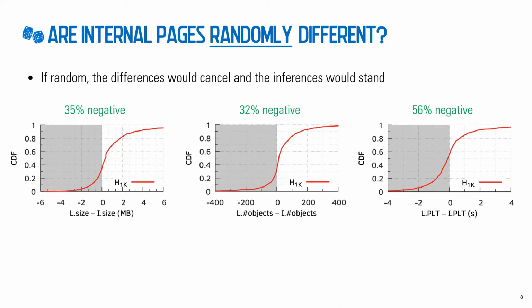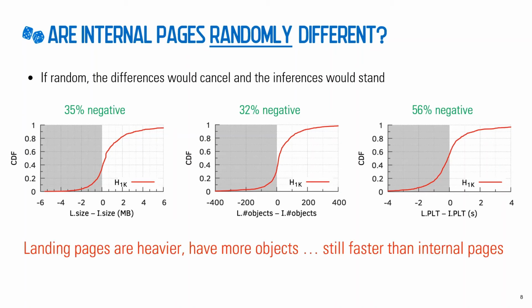In this CDF, we see that 56% of the values are negative, which means that 56% of the websites in H1K have landing pages with page load times lower than the median page load time of their internal web pages. This difference is even more pronounced for the top 30 websites in HISPR, where the number changes from 56% negative to 77% negative. Hence, despite being heavier and having more objects, landing pages are generally faster than internal pages.